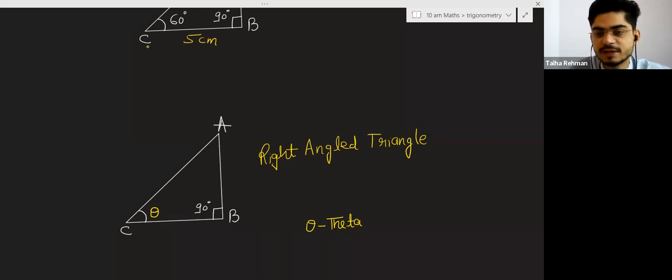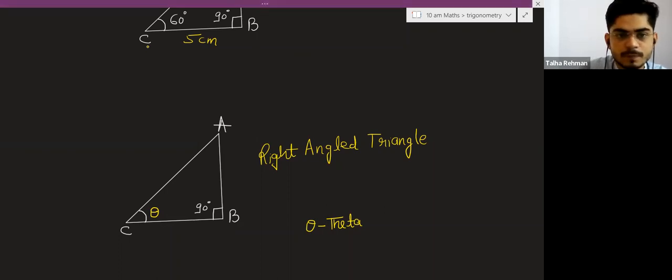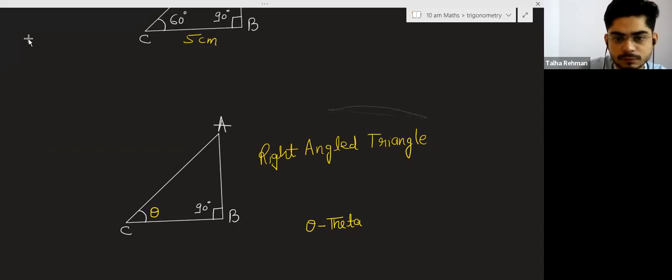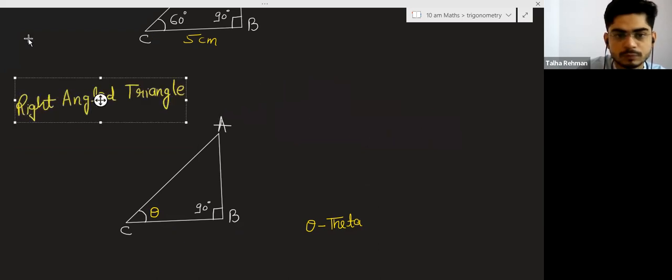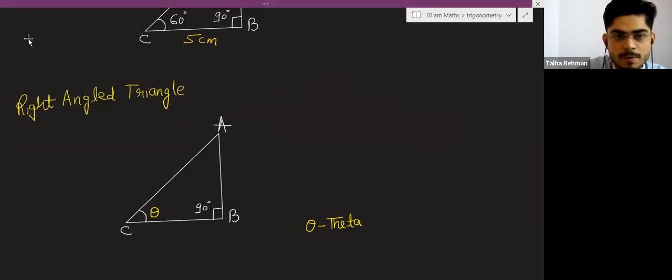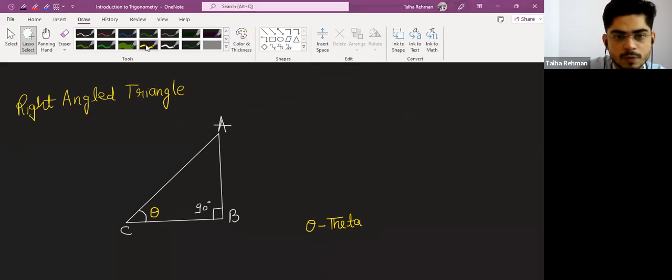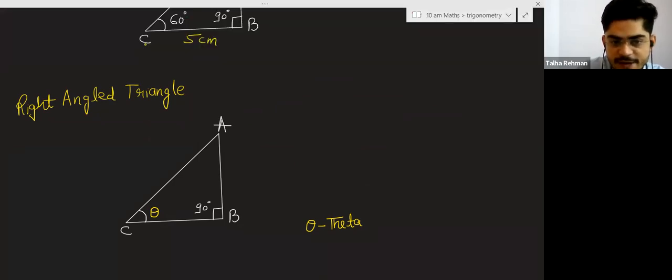This is the Greek letter theta. I am just supposing this angle to be something, theta. Like you can say this angle can be 30 degree, this angle can be 60 degree. Okay. So this is the angle.